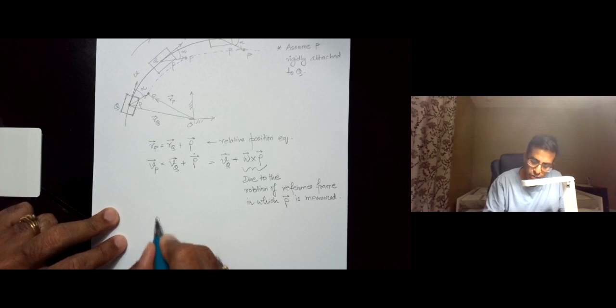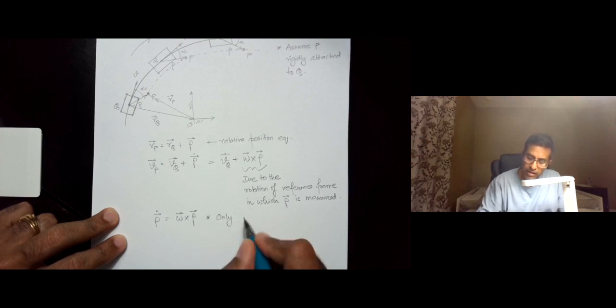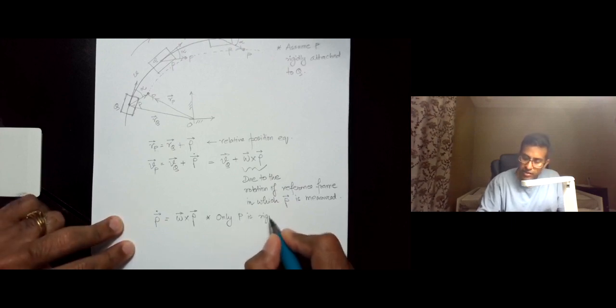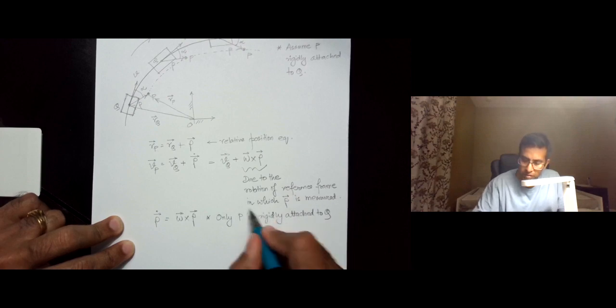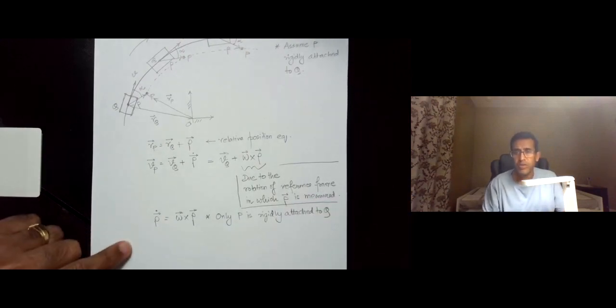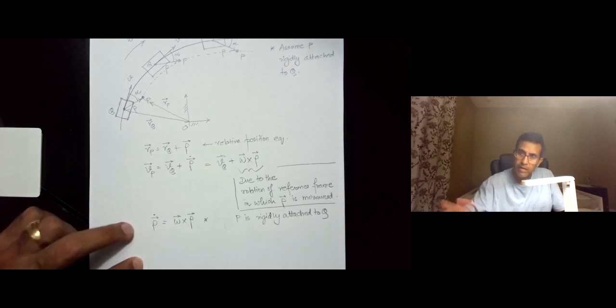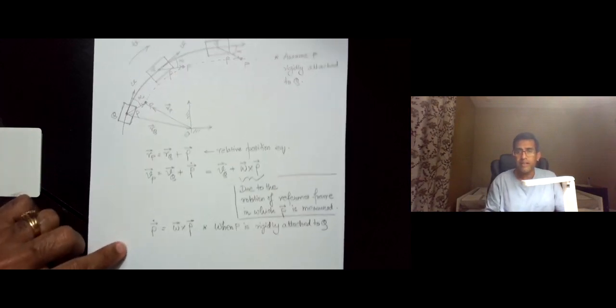So you can see here that rho dot is equal to omega cross rho, and we note that this is true when P is rigidly attached to Q.